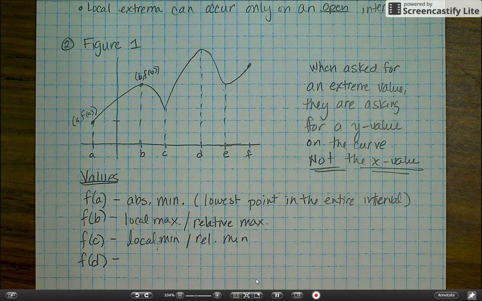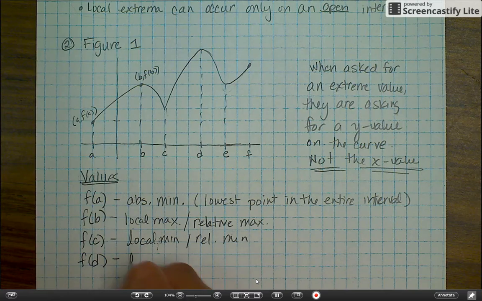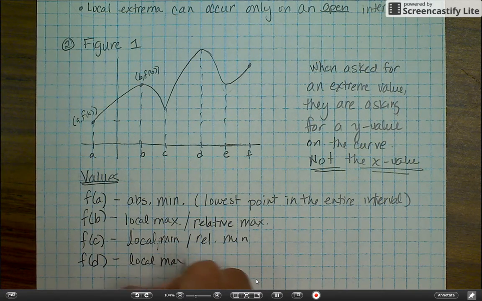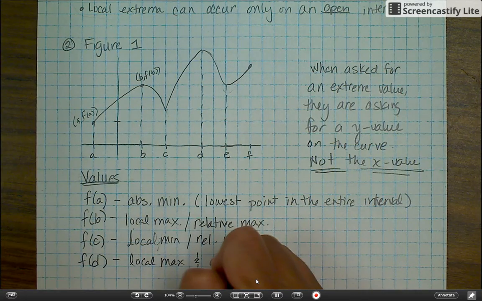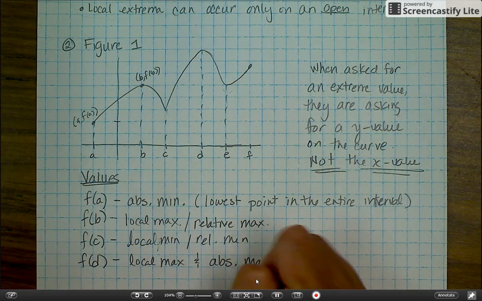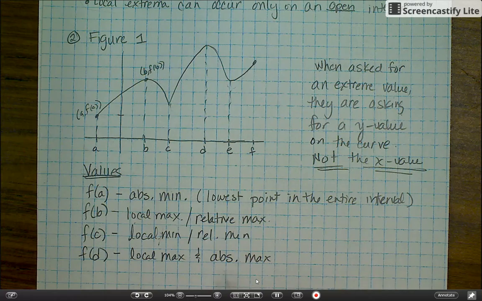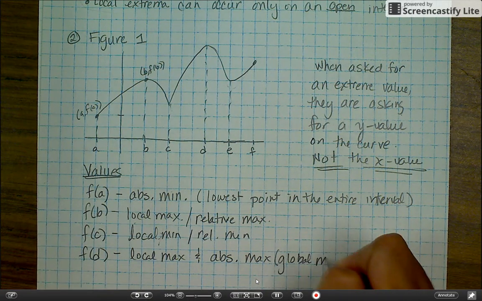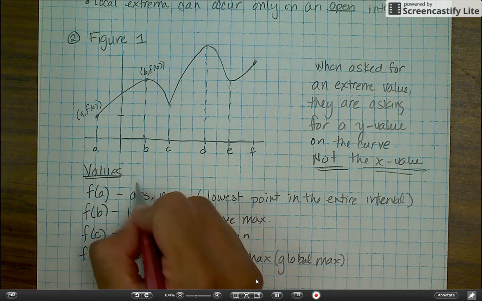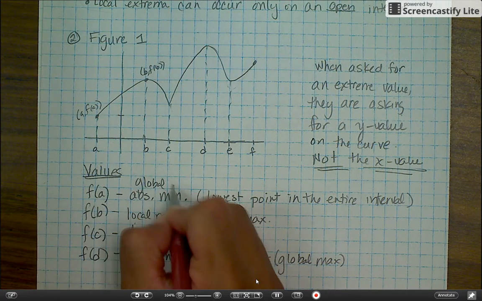has two names. It qualifies as a local maximum, and it is also an absolute maximum. And also, for absolute, we can also call it global. That means this one is also a global maximum.